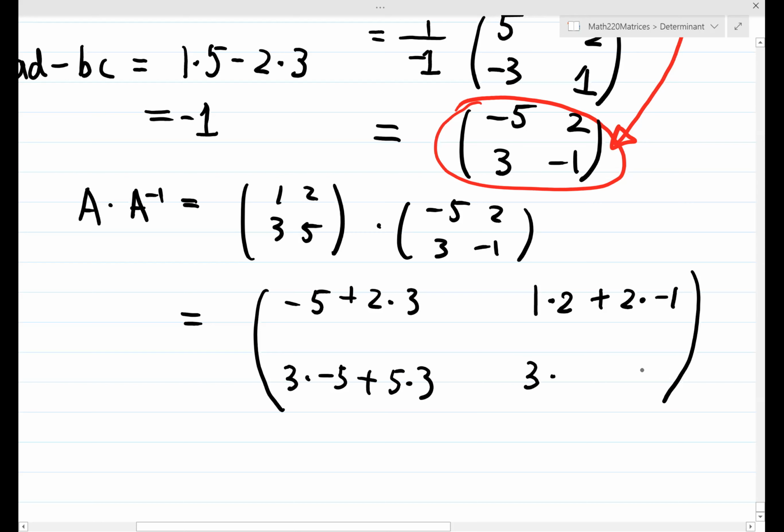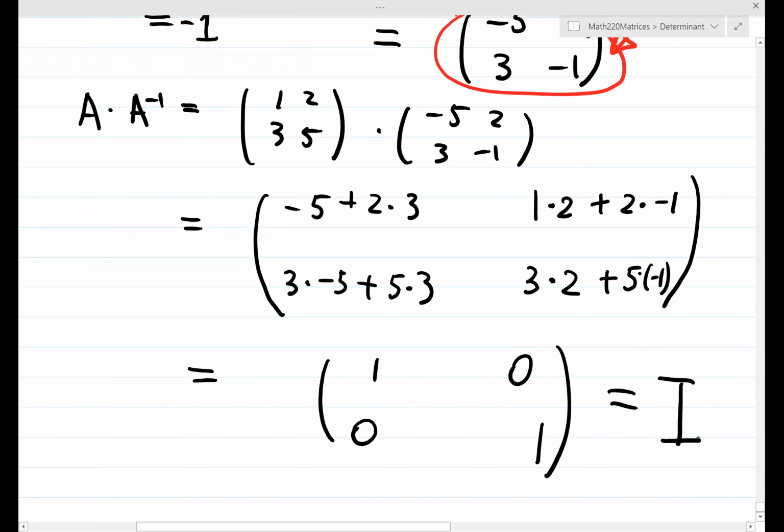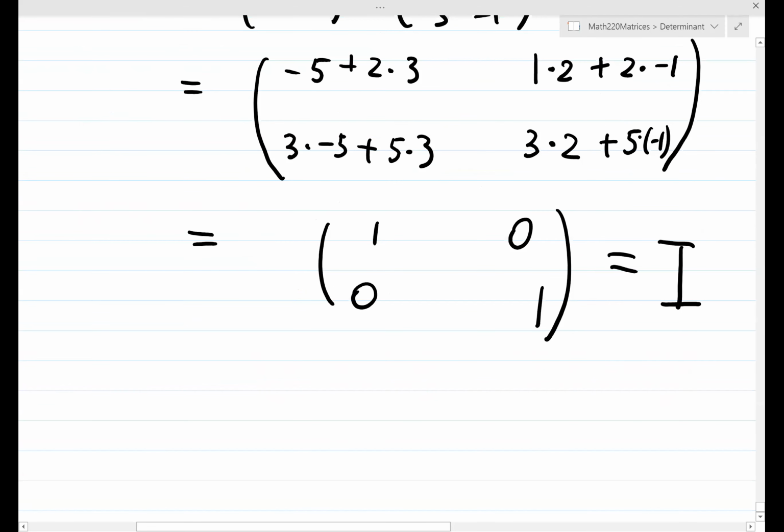You get -5 plus 6, you get a 1. The others you can easily check, you get 0, 0. So this is the identity matrix. You can also check A inverse times A, you also get an identity matrix. Then we're done for this example.